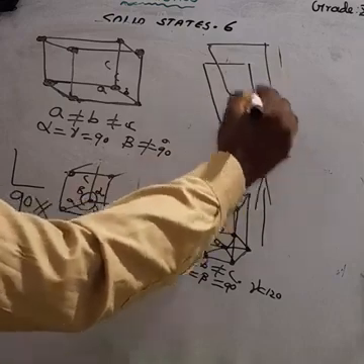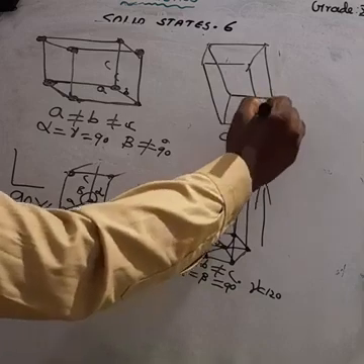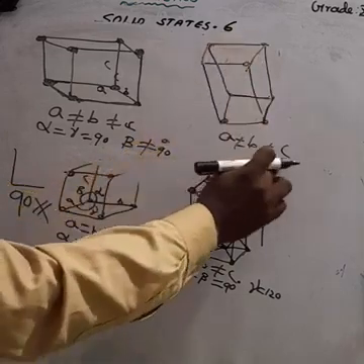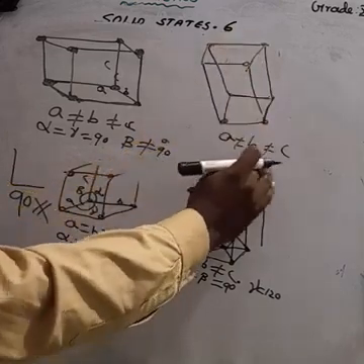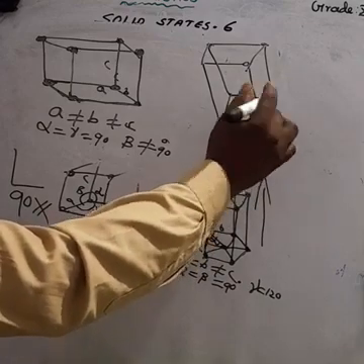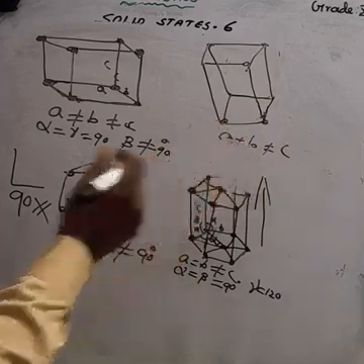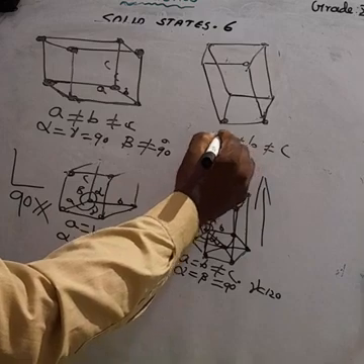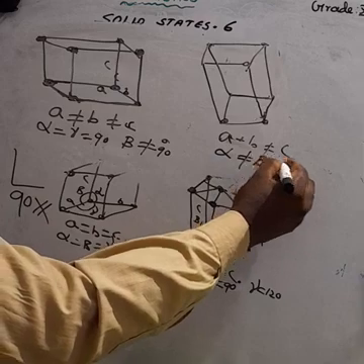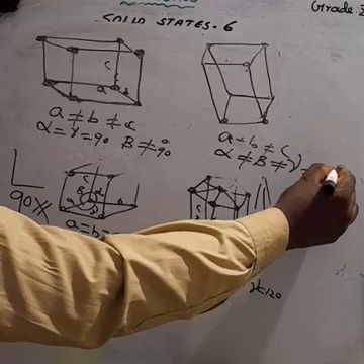A is not equal to B, B is not equal to C. There is a different length, different angles. Alpha is not equal to beta, beta is not equal to gamma, gamma is not equal to 90 degree.